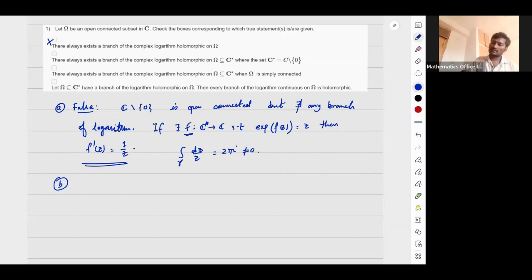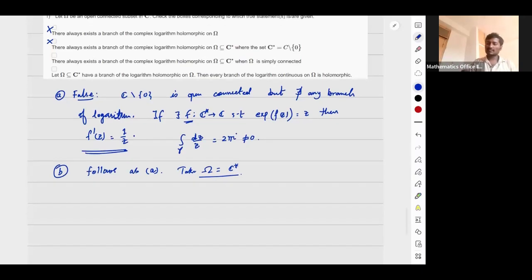Again, the same logic follows as A. Taking omega equal to C star itself, there does not exist a branch. This is also an improper subset. Okay, so this is wrong. In particular, a counter example for the A part would be anything where 0 belongs to omega.